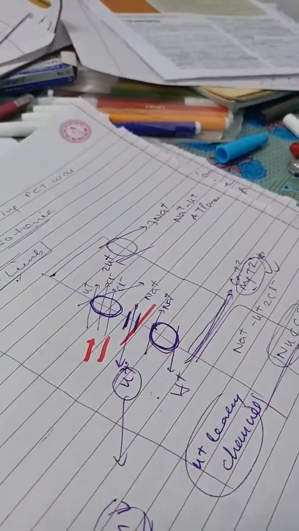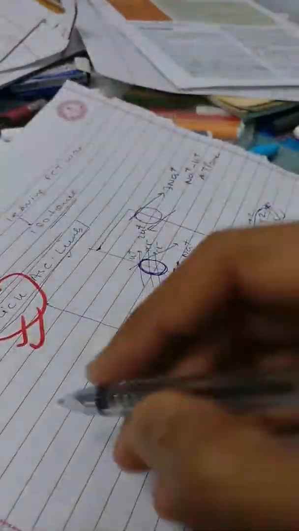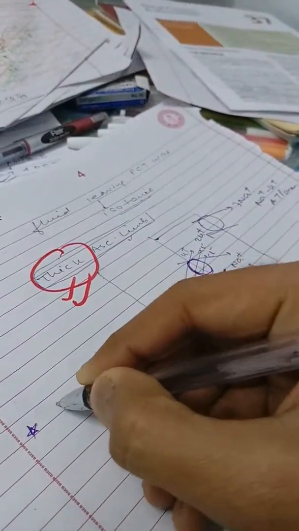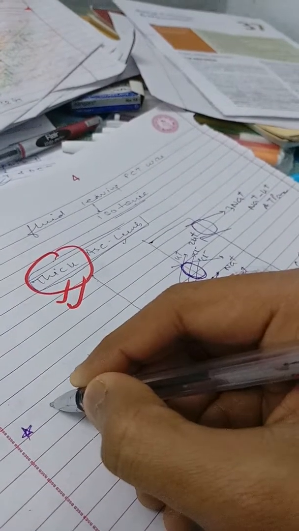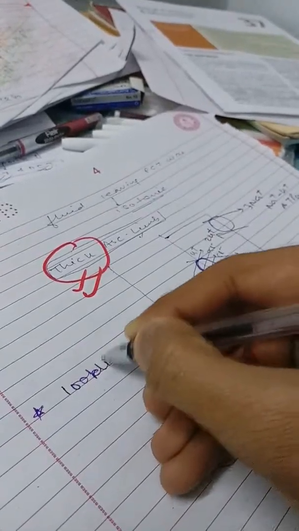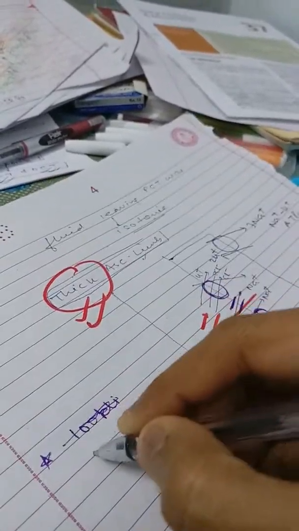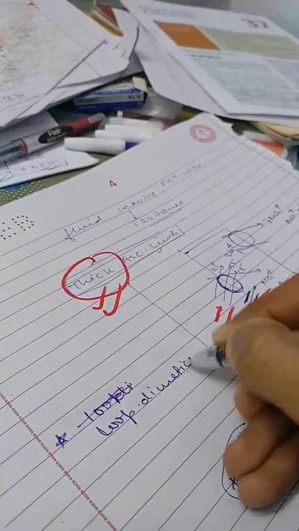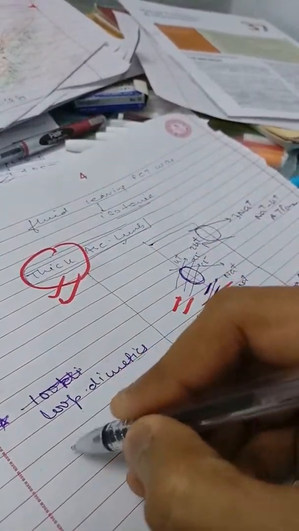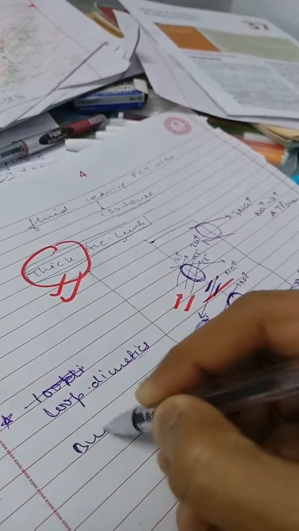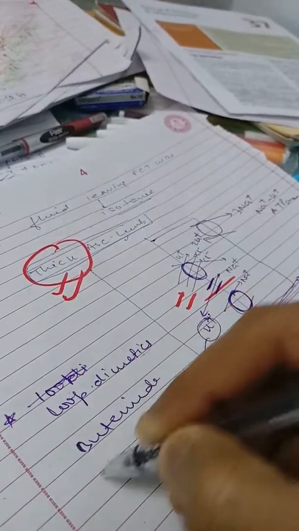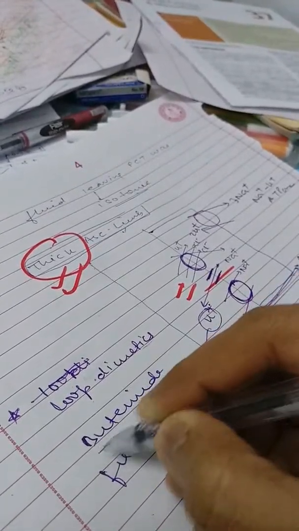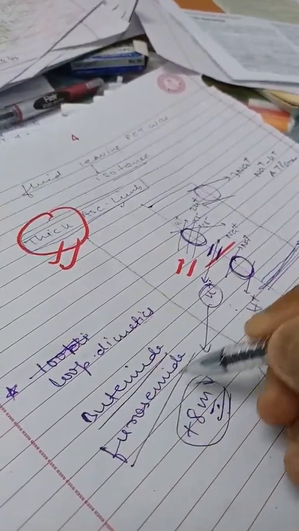Next we are going to see some diuretics, mainly the loop diuretics. Some examples of loop diuretics are bumetanide and furosemide.